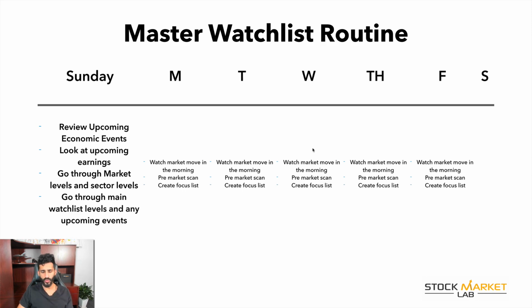Maybe on Wednesday we have the FOMC meeting. Maybe on Wednesday we have the Fed people speaking. Maybe on Monday, Trump is supposed to speak somewhere regarding the China trade deal, right? Having that upcoming weekly report of the economic events is extremely important. That's the first thing, and it should be done on Sunday. So on Sunday, you should know your upcoming week and know what's happening.